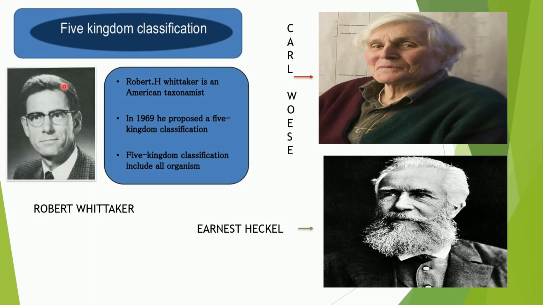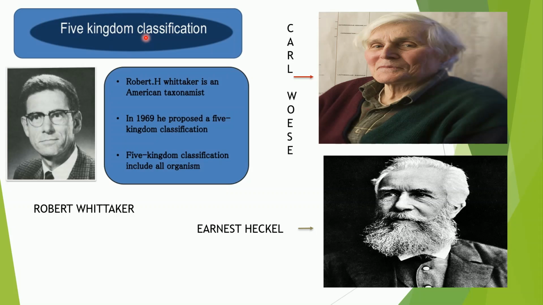Fine, children. But as I told, the classification done even by Carolus Linnaeus was not satisfactory, because by that time we came to know about the microscopic organisms. Then a group of three scientists, Robert Whittaker, Carl Woese and Ernst Haeckel, proposed a five-kingdom classification.